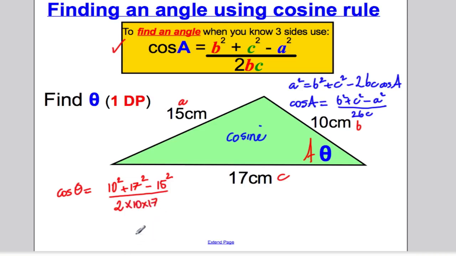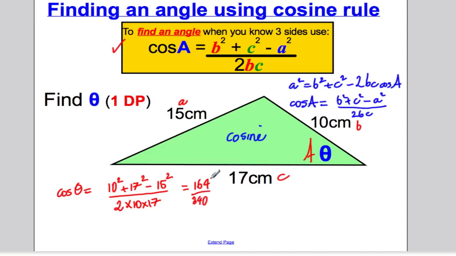On your calculator, do 10 squared plus 17 squared minus 15 squared, and then press equals. That would give you 164, divided by 2 times 10 times 17, which on the bottom would give you 340.